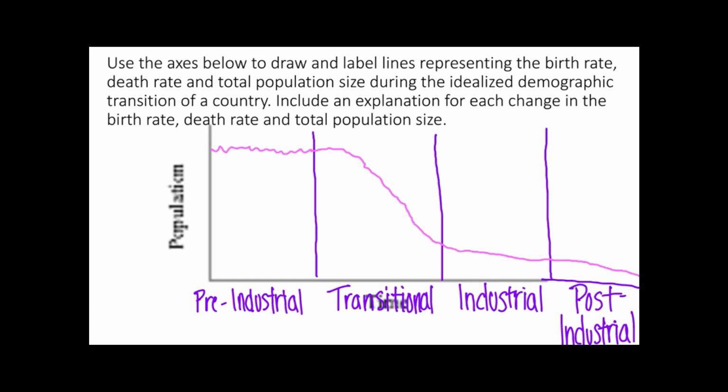Okay, I'm going to call this the birth rate. Now let's do another color. What do we want? Maybe red? No, red is too close. Let's try blue. So now let's do the death rate.